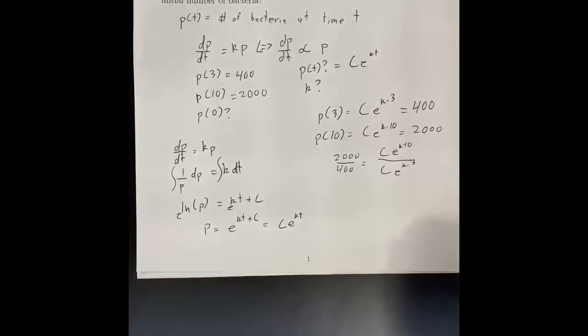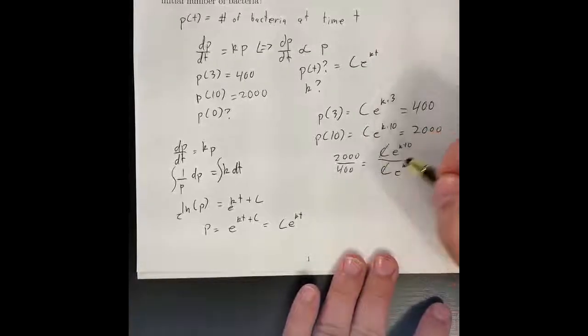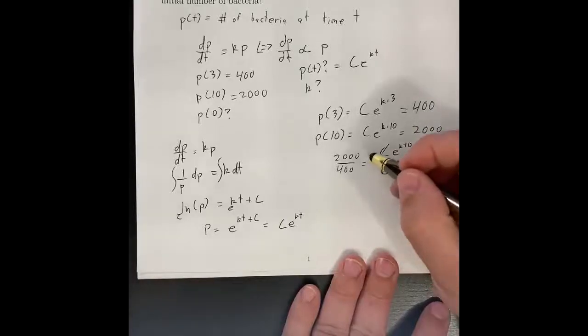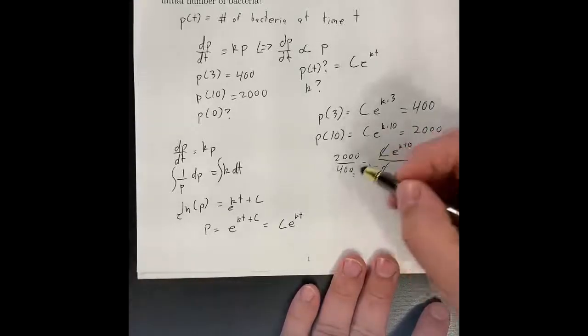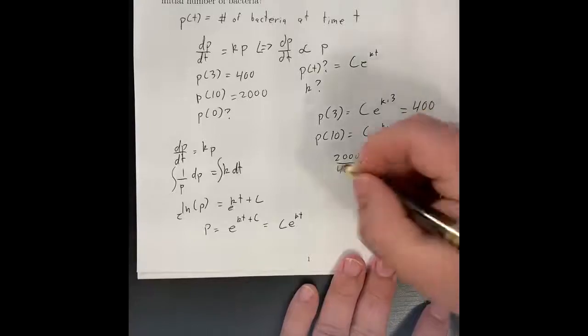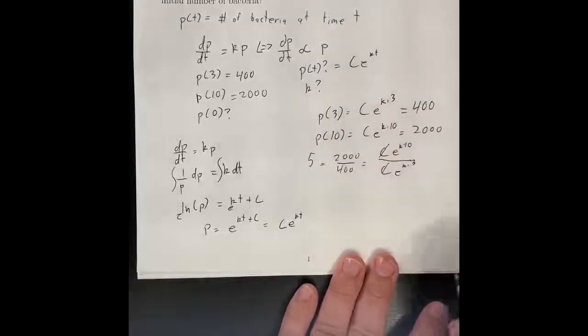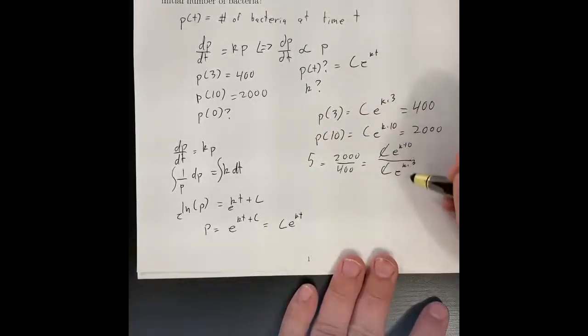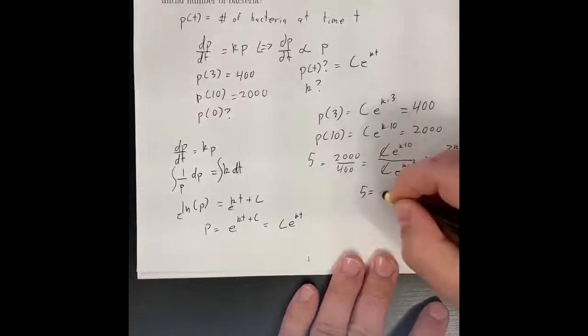That's helpful because it cancels our c out, and we can just solve for k. So 2000 divided by 400 equals 5. And e to the 10k divided by e to the 3k equals, we subtract the exponents, e to the 7k. So we have 5 equals e to the 7k.